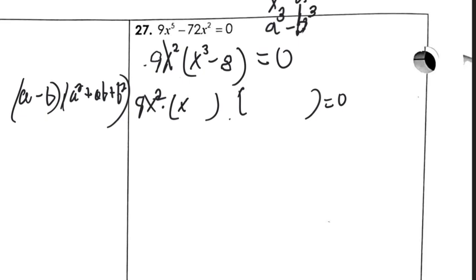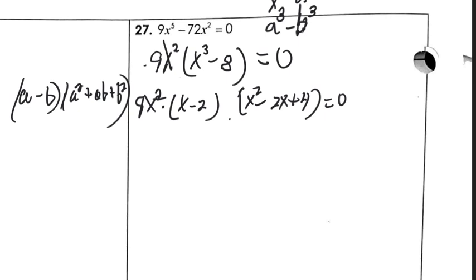So this is x minus 2, a is x, so a squared, plus 2 times x, plus, or that's a minus, right? Because it's got opposite, okay? And this one's a plus, and then b squared would be 4.